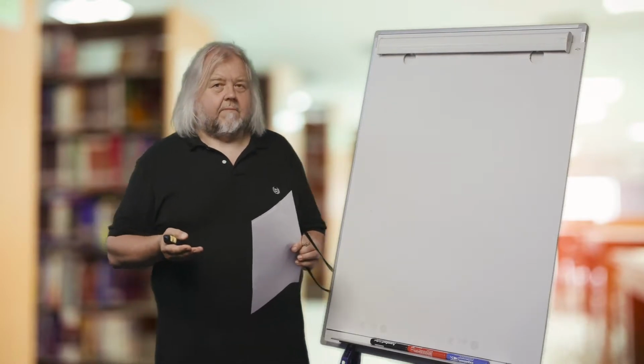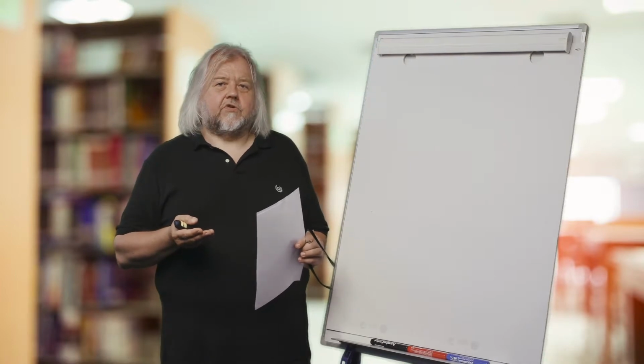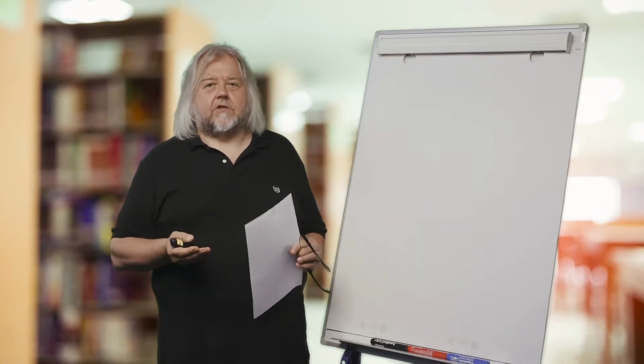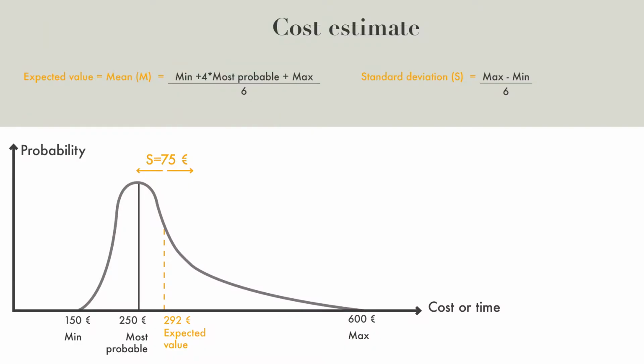With that assumption of a beta distribution form, these approximations work quite well. So we can be rather satisfied that the expected value and standard deviation calculated with this formula is quite good, especially compared to the accuracy of how we can subjectively express the minimums, maximums, and most probables based on our expertise and opinion.